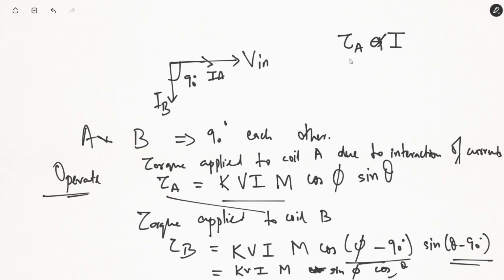Since the current from the main coil is proportional to cos phi, and the current flowing through coil A is proportional to sin theta, the induced torque on coil A will be proportional to cos phi sin theta.